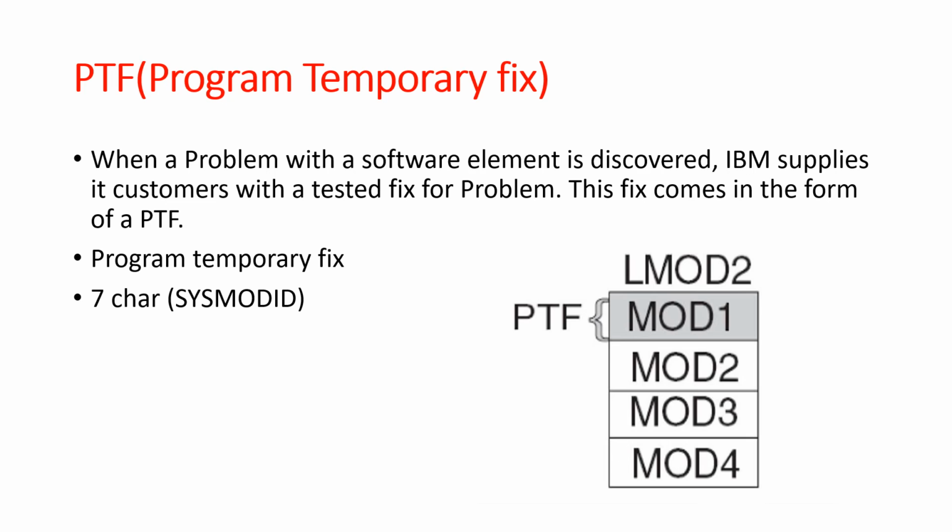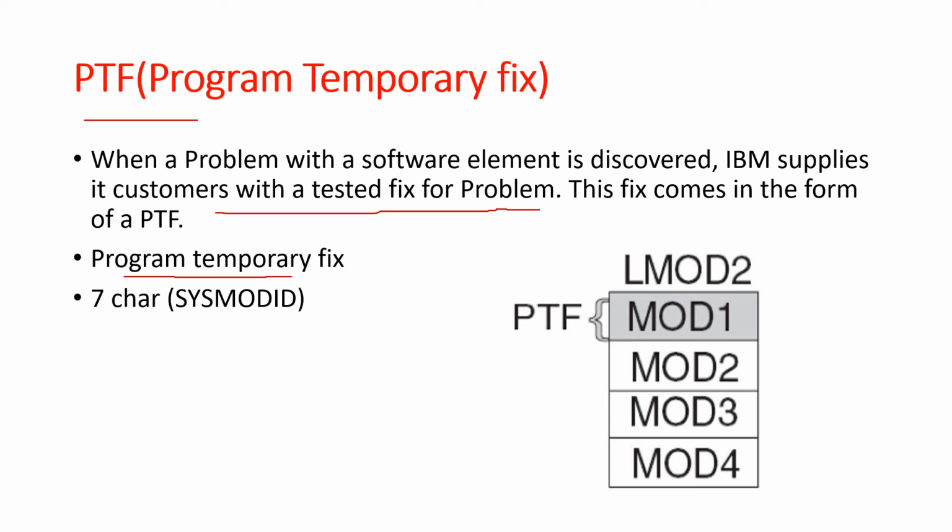So next one is the PTF. So what is PTF? PTF is the program temporary fix. When a problem with a software element is discovered, IBM supplies its customers with a tested fix for the problem. This fix comes in the form of a PTF, or as we call it, program temporary fix.